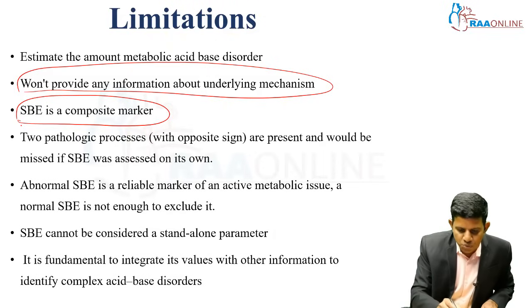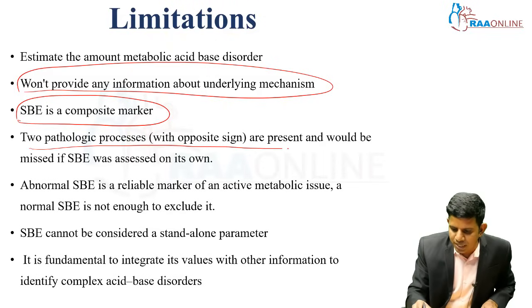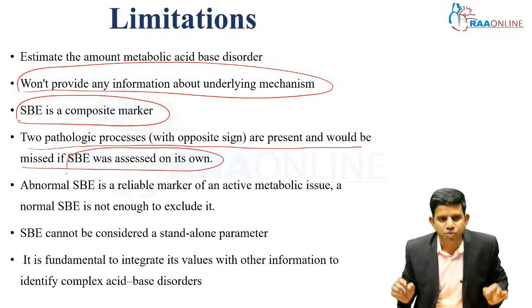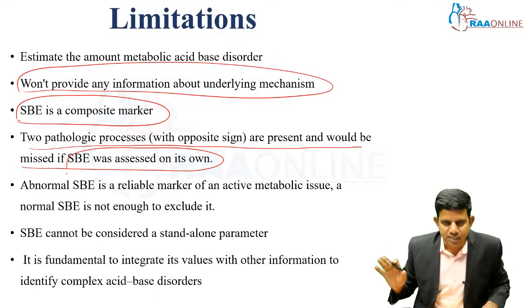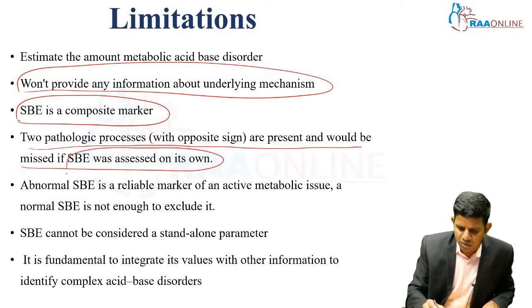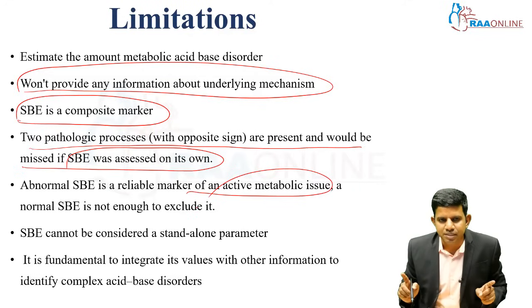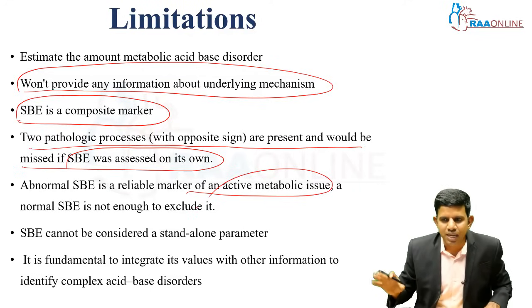So the two pathological processes with opposite signs would be missed if the standard base excess was assessed on its own. An abnormal standard base excess is always a reliable marker of an active metabolic issue, but a normal base excess cannot exclude an acid-base disturbance.